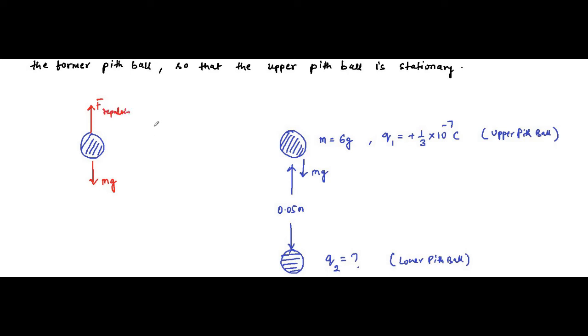Only when this repulsion force is equal to the gravity force will this upper pith ball remain stationary. If the repulsion force is more than the gravity force, it will move upwards. If it is less than the gravity force, it will keep on moving downwards. We want it exactly equal.